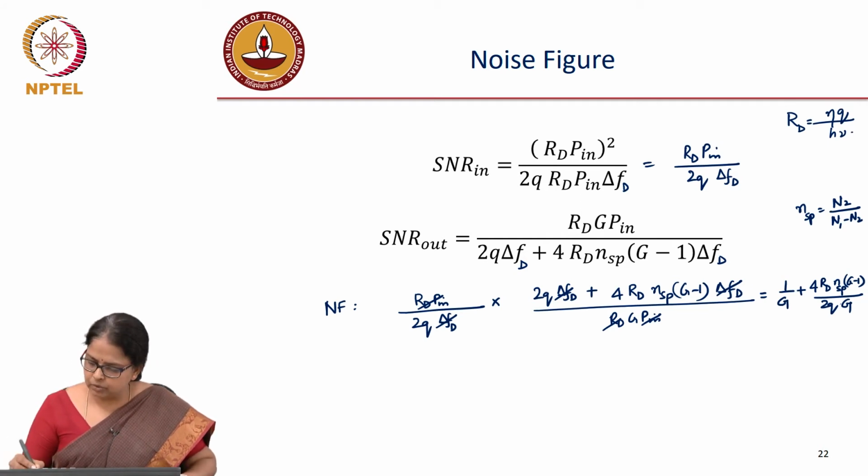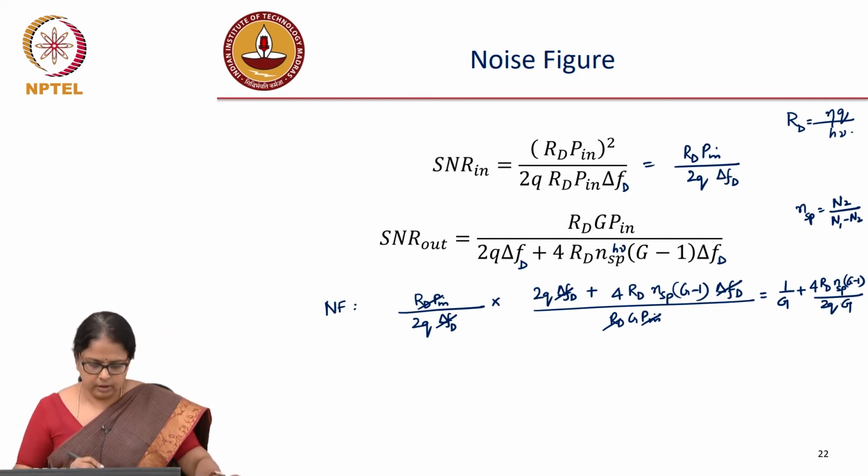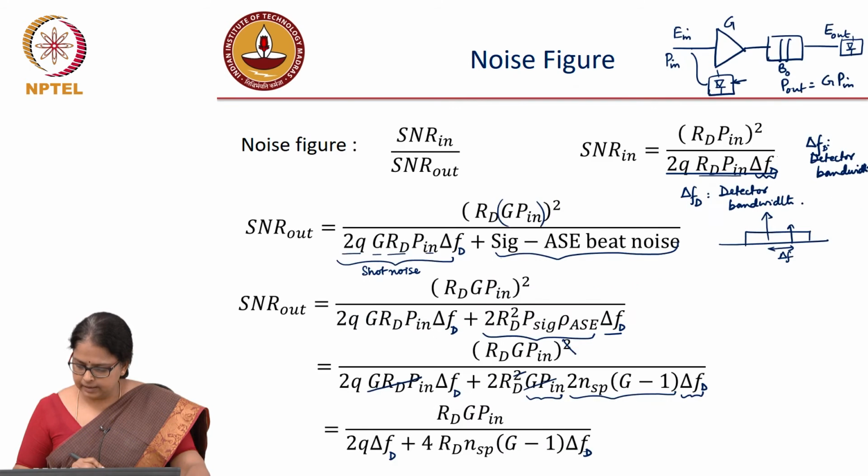I am missing an h nu. So, 4 R_D N_SP h nu. So, the beat term had, there should be an h nu somewhere here, 2 N_SP into h nu times (G minus 1). So, I missed this h nu.